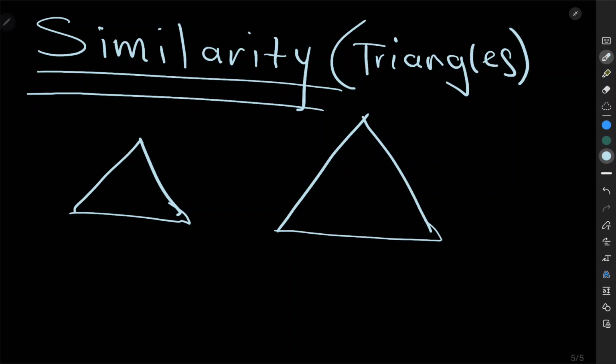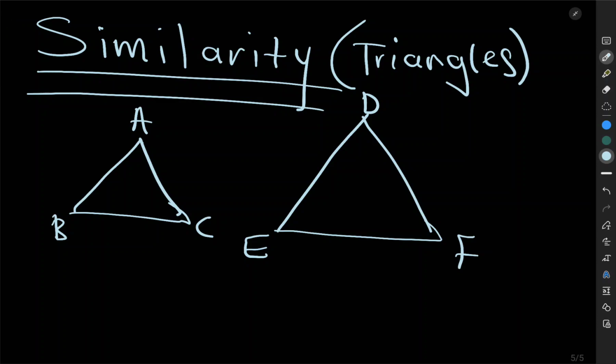Let's call this triangle ABC, and we're going to call this one D, E, and F. So let's say we have these triangles over here.